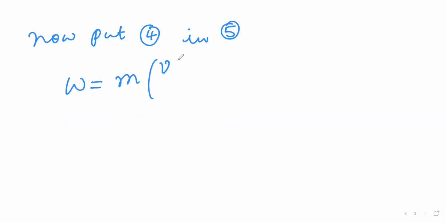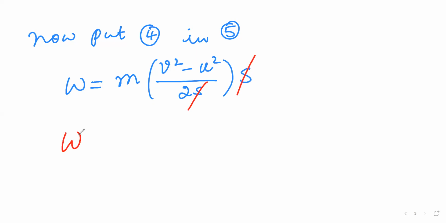F is m into v square minus u square divided by 2S, into S, right? So S and S will get cancelled here. Now work done W equals m into v square minus u square divided by 2.